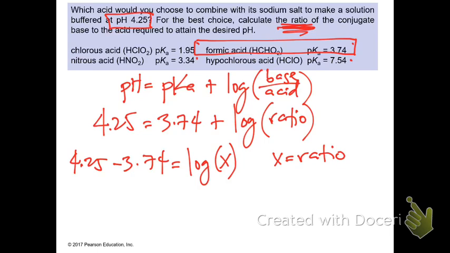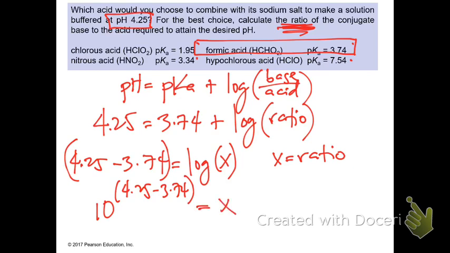And in order to get rid of the log, you raise 10 to the number. So 10 to the difference here, 4.25 minus 3.74, is equivalent to X. Okay, so this is how you would find the ratio here.